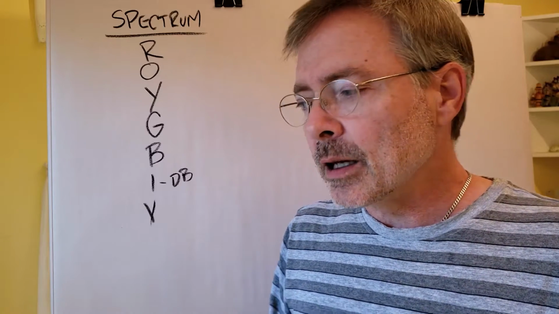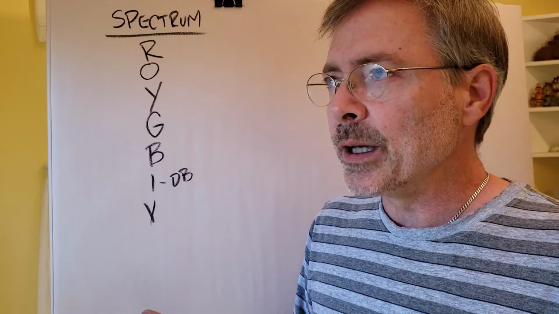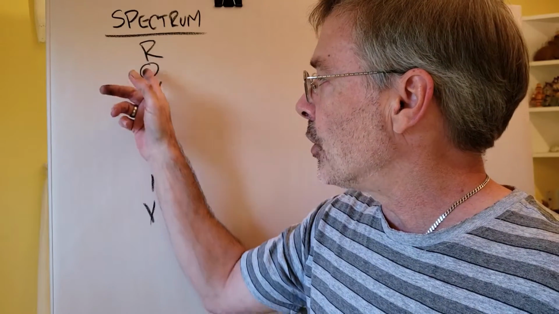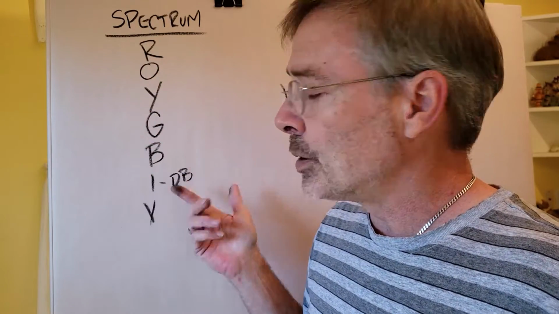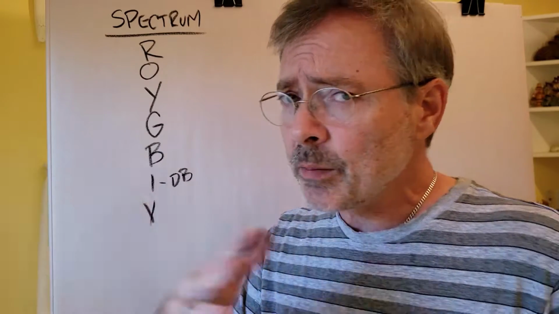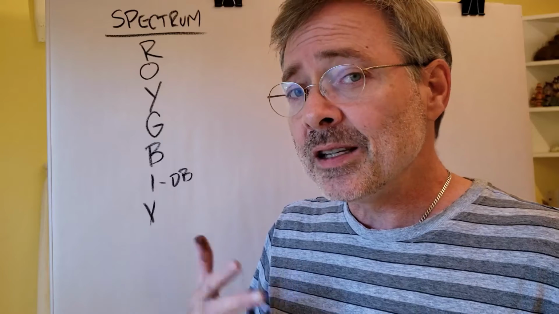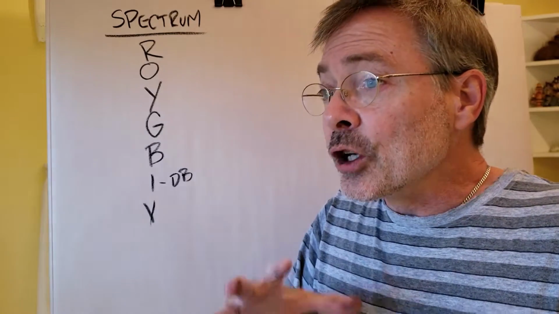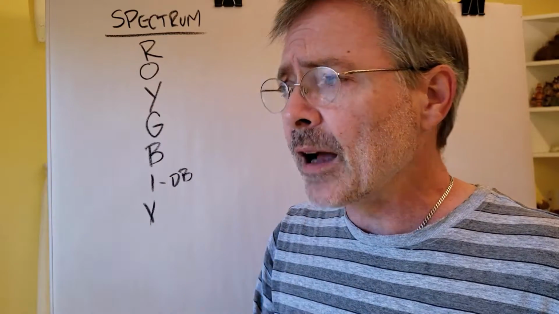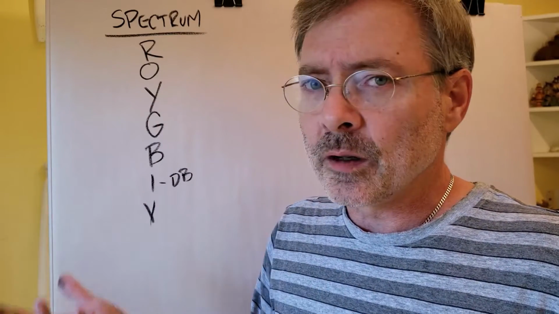And the thing is that light is in constant movement, and all light moves at the same speed. So your red, your orange, your yellow, your green, your blue, your indigo, violet, it all moves at the same speed and is constantly moving in front of us. And we see it as white light as an accumulation of all of these different colors moving so fast together in front of our eyes.